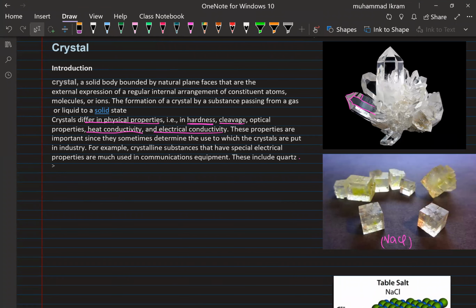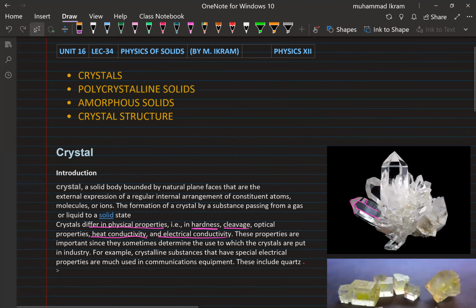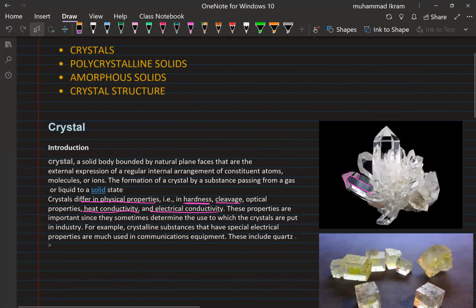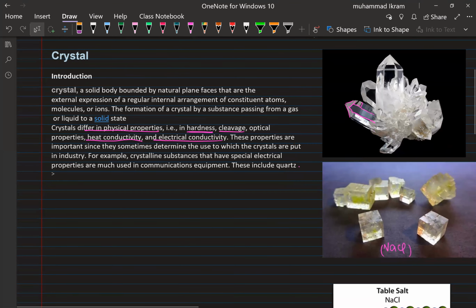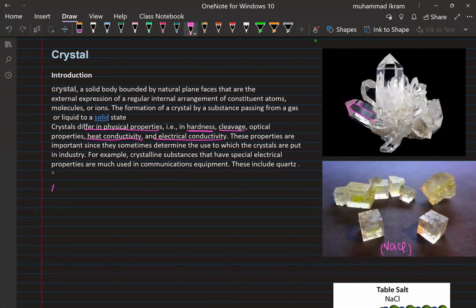Now, as I told you, we will study the types of crystals, and as I told you, we have the crystalline solids first. So let me explain to you about the crystalline solids.